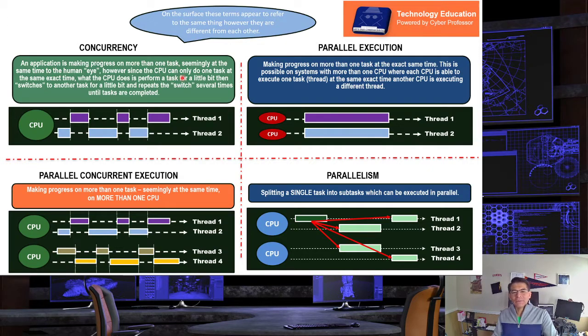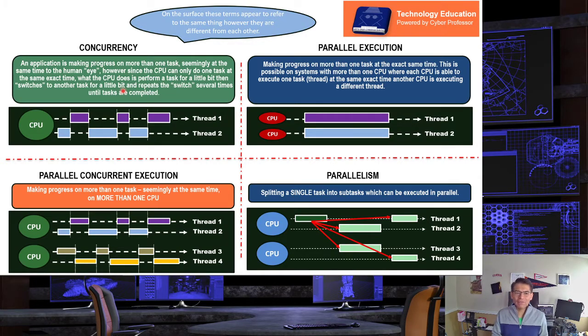However, since the CPU can only do one task at the same time, what the CPU does is perform a task for a little bit, a tiny bit, almost invisible to the human eye, the time allocation, and then switches to another task for a little bit and repeats that back and forth switch several times until the tasks are completed.